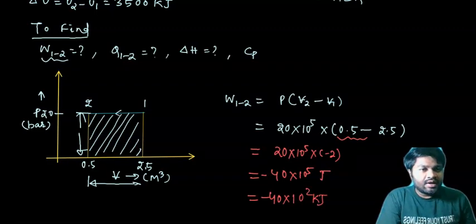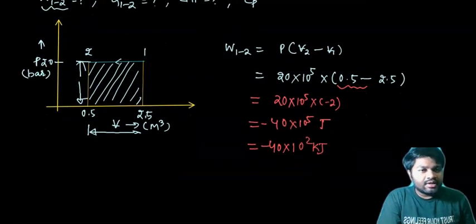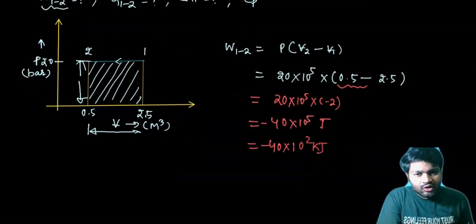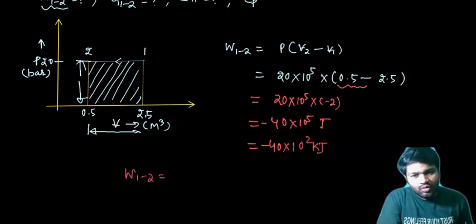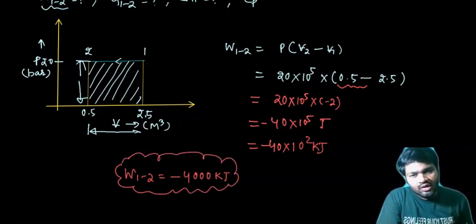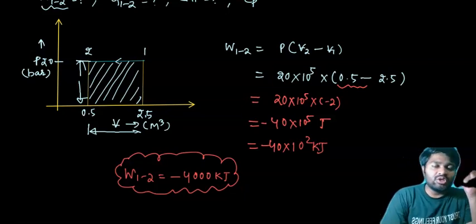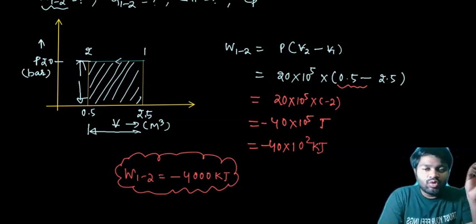Okay, and we can write W12 as minus 4000 kilojoule. Right? So this is how we found the first answer, that is, the work interaction during this given process will be equal to minus 4000 kilojoule.